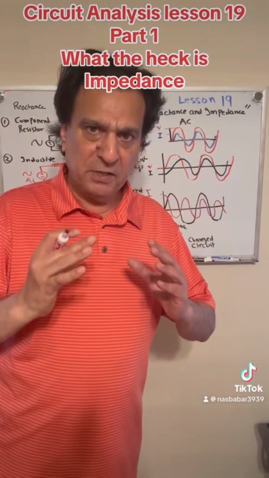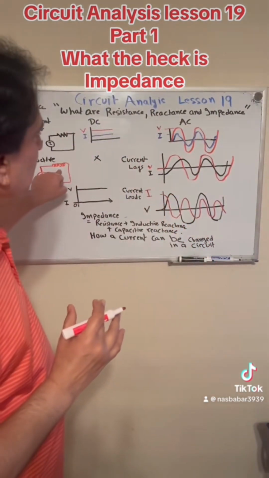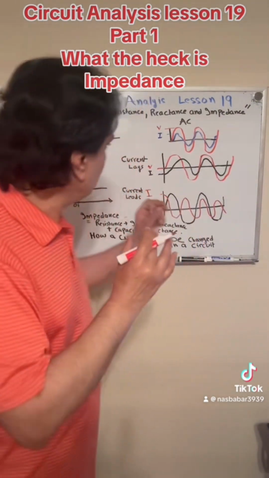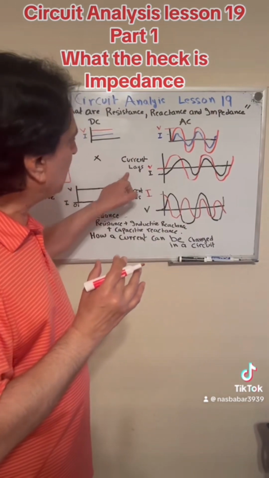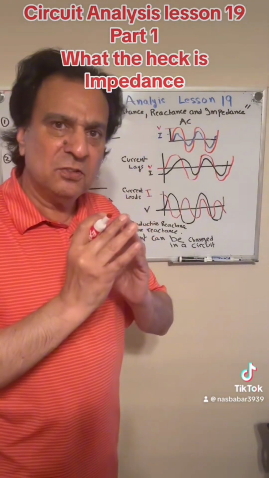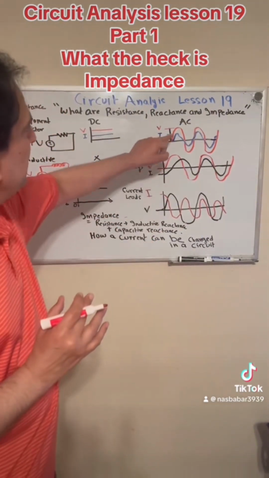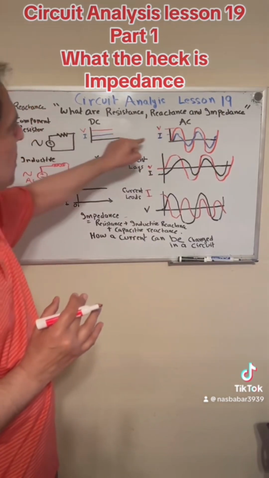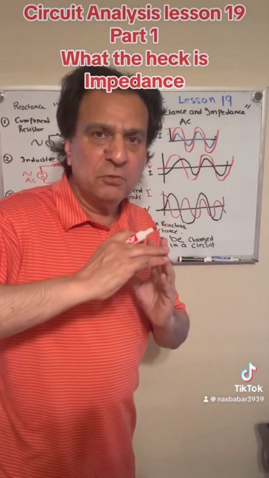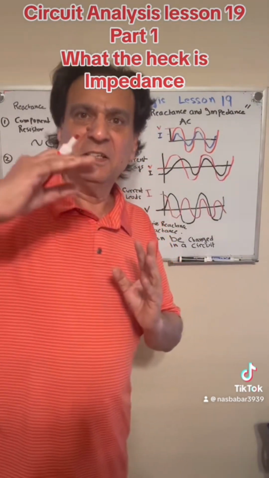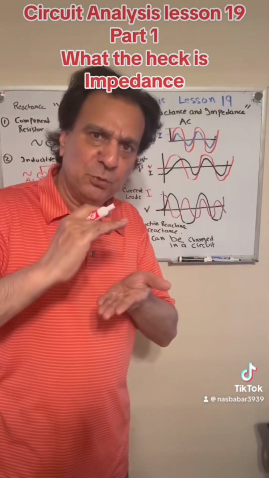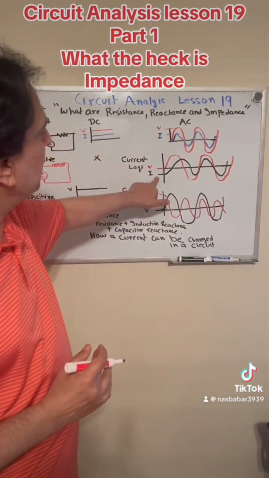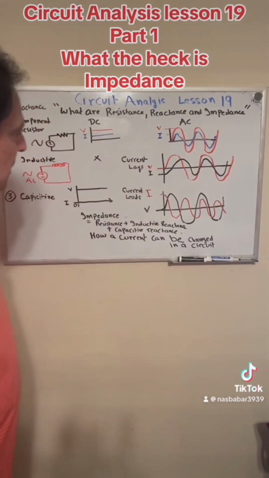The component, which is an inductor in this case, has the capability to lag the current, so the current is behind the voltage. When we had a resistor, current and voltage were moving simultaneously, even though they had different magnitudes. In this particular case, the current is lagging.